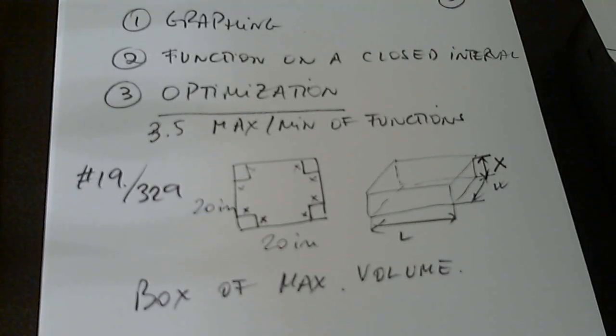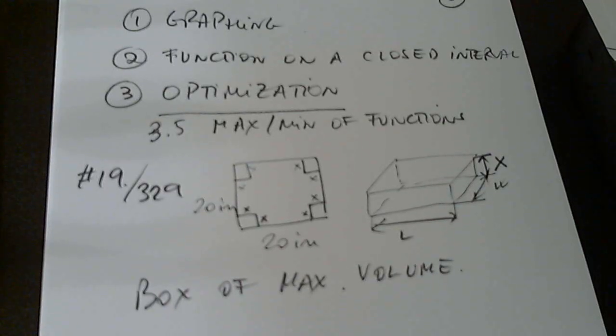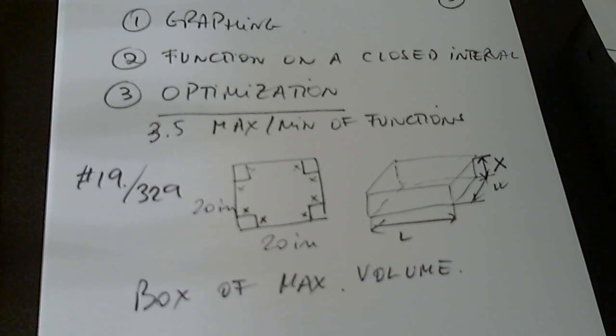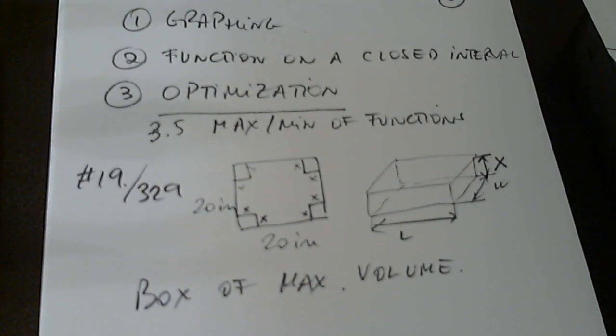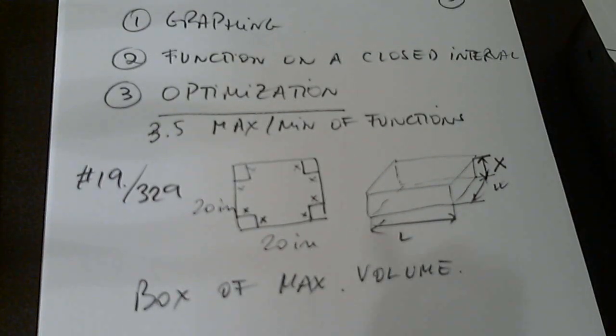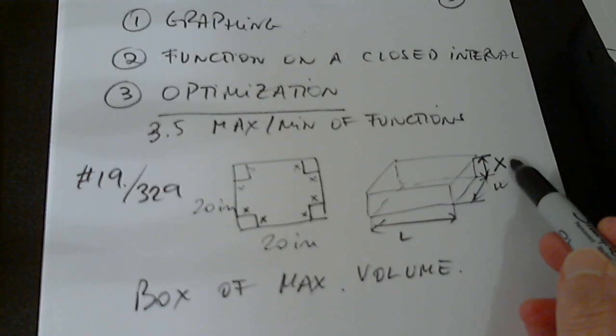The dimensions of the box with an absolute maximum volume based on the restrictions we have. What are they? 20 by 20, that's all we have. We remove corners, and we get a length, a width, and a height.